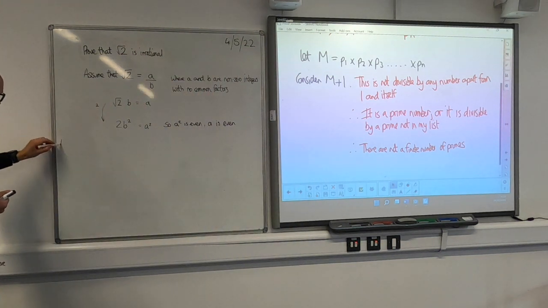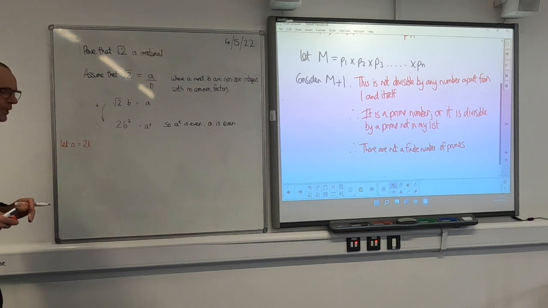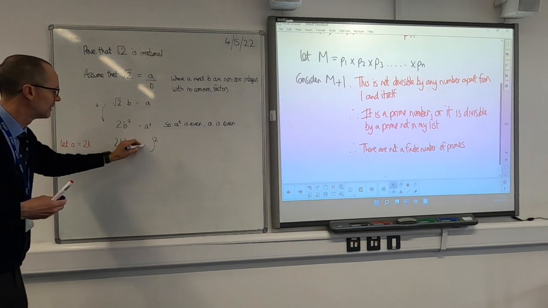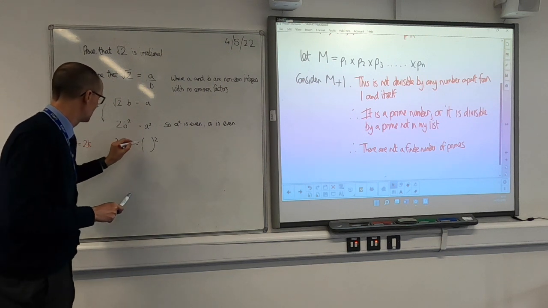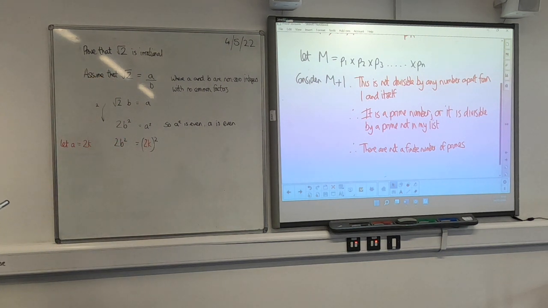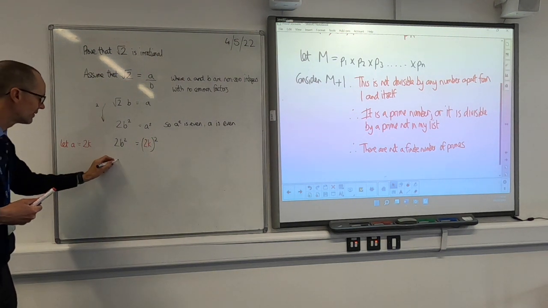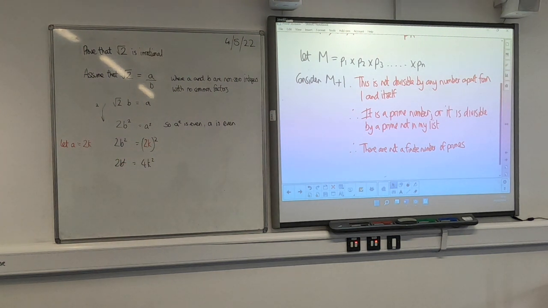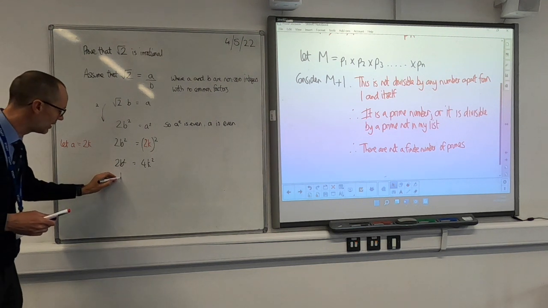So because of that, I'm going to replace a with a different variable that indicates its evenness, 2k. Squared gives 4k squared, 2 times 2 and k times k is that. And now I'm going to half both sides.